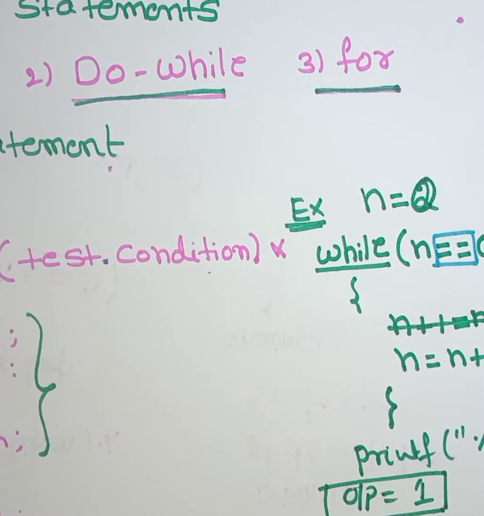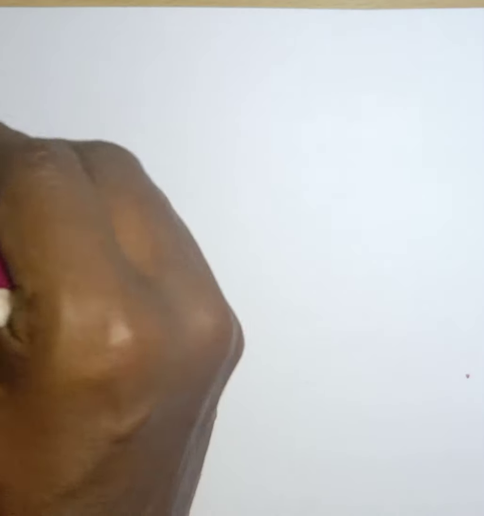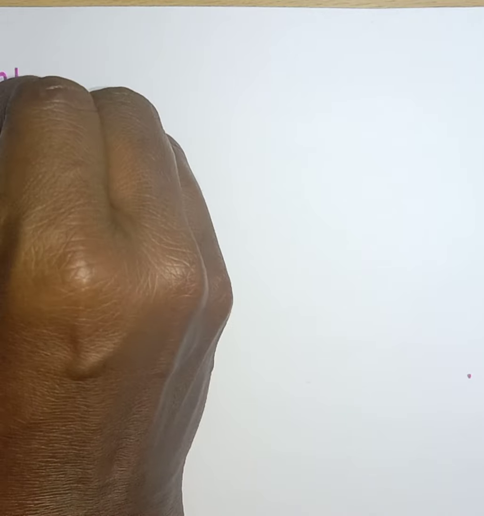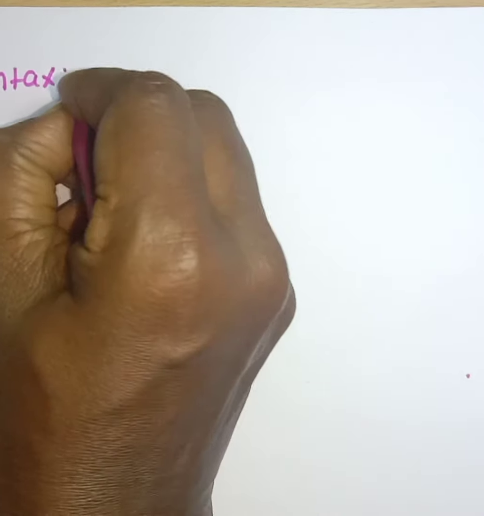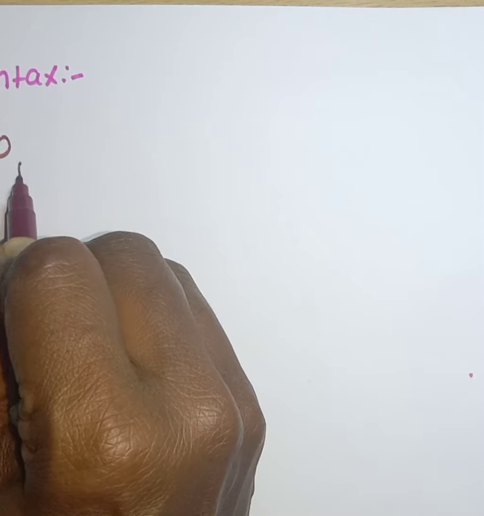Now we will move to the do while statement. What happens in the do while statement? First, let us learn the syntax for the do while statement. What is the syntax? This syntax begins with do, and next an opening brace.